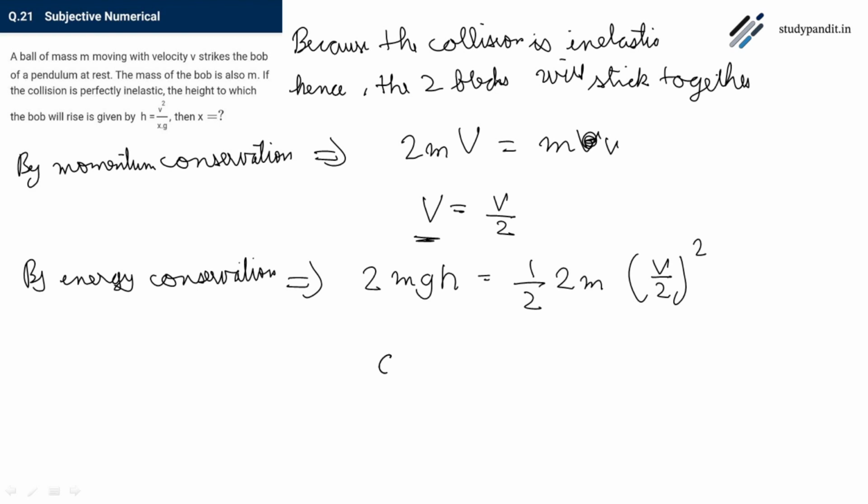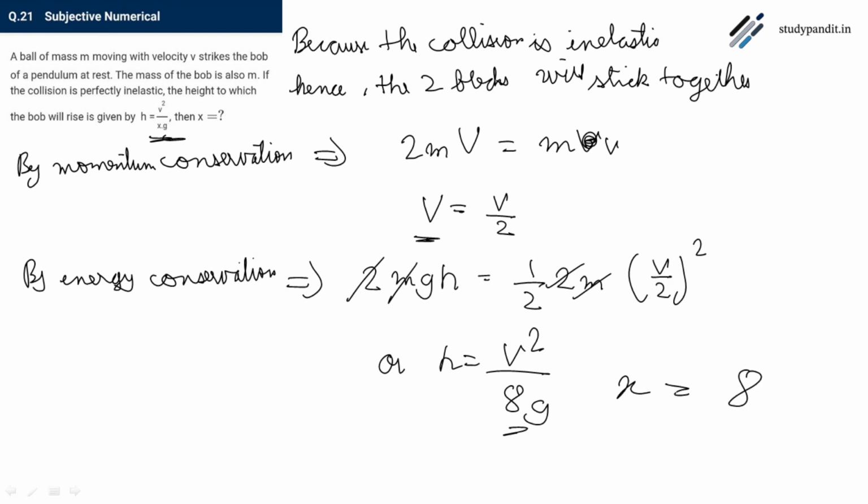Or we can solve this one: h equals v square by 8g. So comparing this with this equation, what's the value of x? x is 8. Answer is 8.